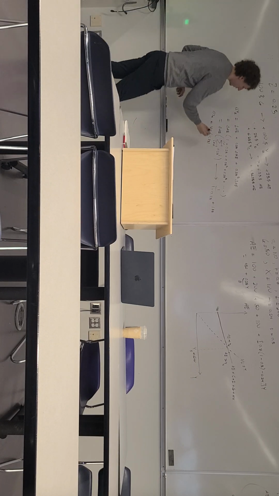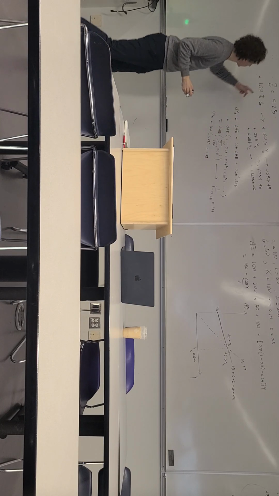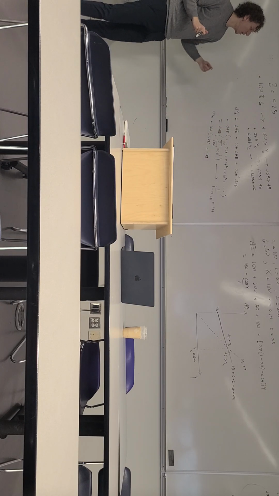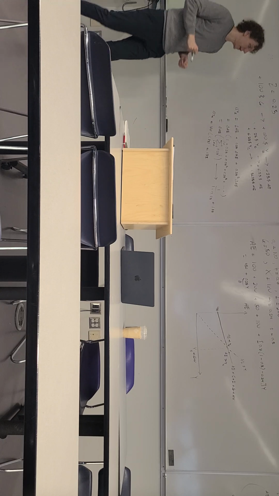So it's going to give us about 133. So if we increase government spending by $100, our equilibrium national income will increase by $133.